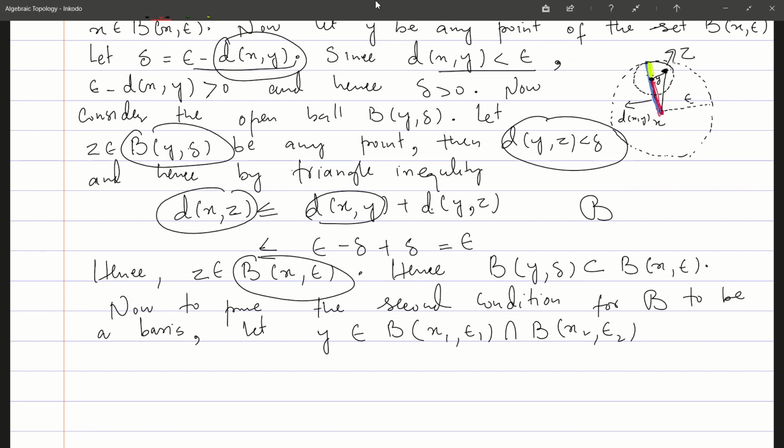Since this y is in this base element, using what we proved here, there is a positive delta 1 such that the ball centered at y and radius delta 1 is inside the ball B(x1, epsilon 1).